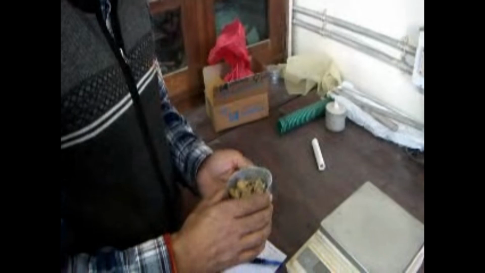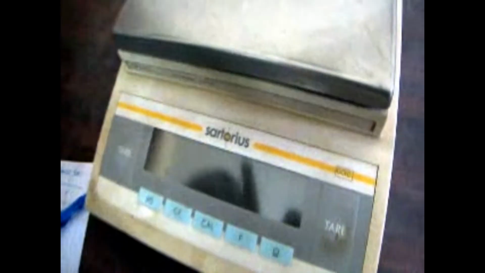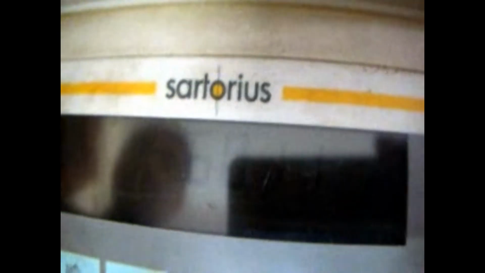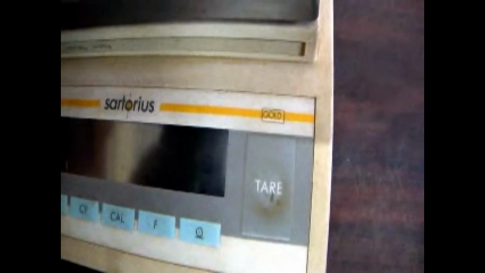Now after 24 hours of drying these soil samples in this box, we need to measure the weight of dry soil plus box. Now the balance reading is 0.0. So let me put the box plus soil, that is 60.11 gram, box plus dry soil.